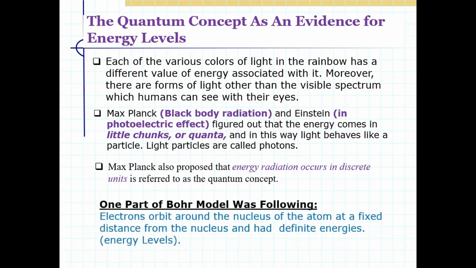So one part of the Bohr model was based on this: the electrons orbit around the nucleus of the atom at a fixed distance from the nucleus and have definite energies, and they keep the distance fixed. They do not radiate any energy when they are orbiting in a fixed orbit. Their energy levels remain fixed.